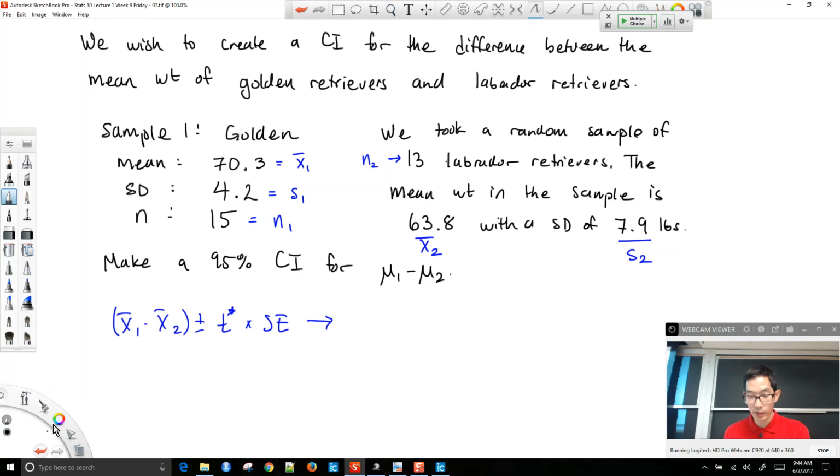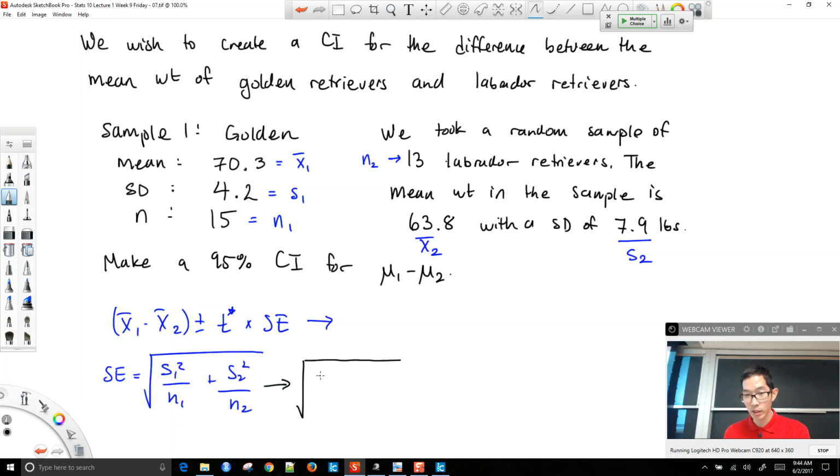Oh wait, let me just say standard error is equal to the square root of S1 squared over N1 plus S2 squared over N2. Okay, so we'll fill in these values. S1 squared over N1 is 4.2 squared over 15 plus 7.9 squared over 13.